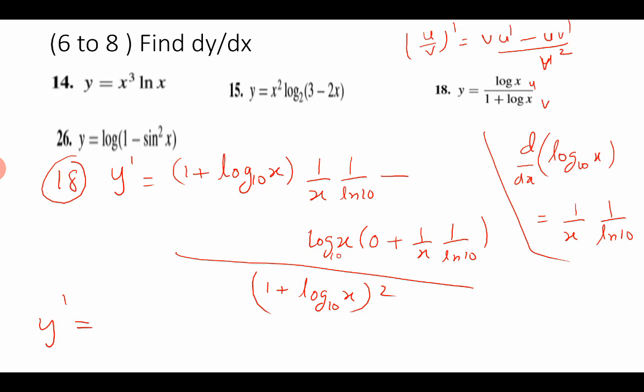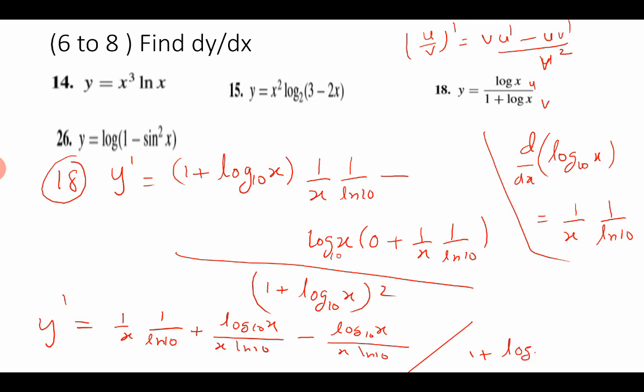When you multiply this one inside, 1 over x ln 10 plus log x base 10 divided by x ln 10 minus log x base 10 over x ln 10, whole divided by 1 plus log base 10 of x whole square.